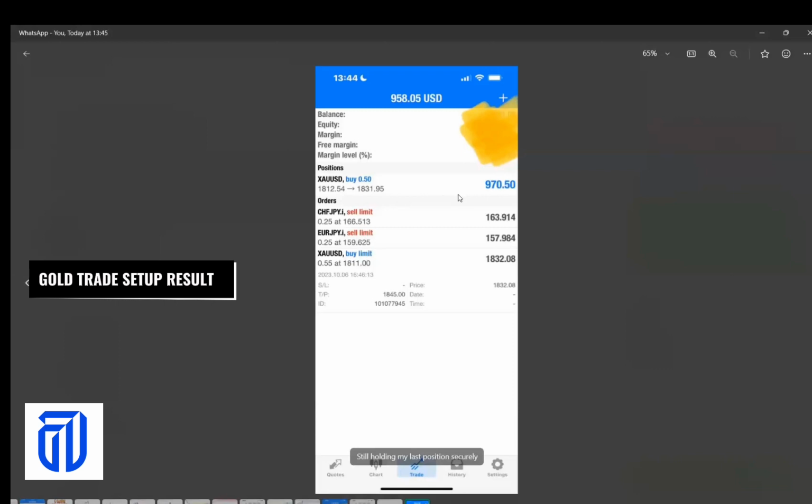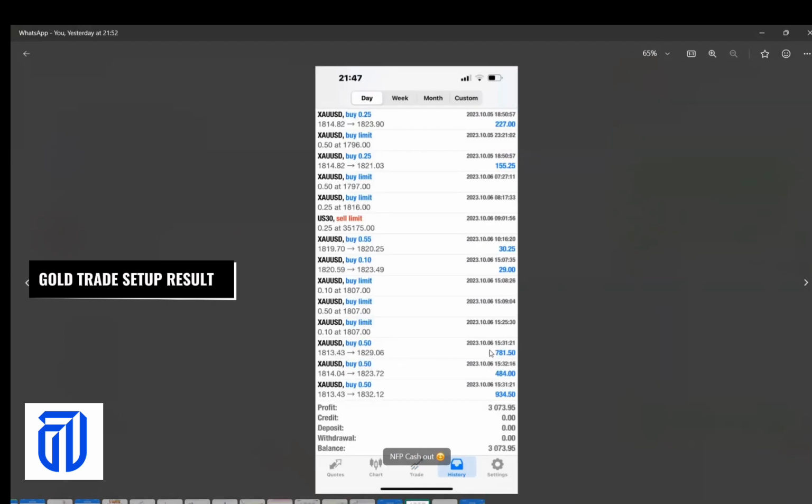Now, the other thing I would like you guys to see in my setup is the result of the other one from the Finspot group. As you can see, this is the result of the entry at 1814.